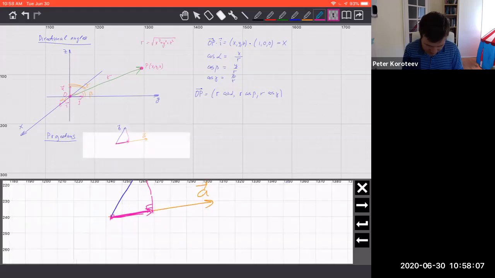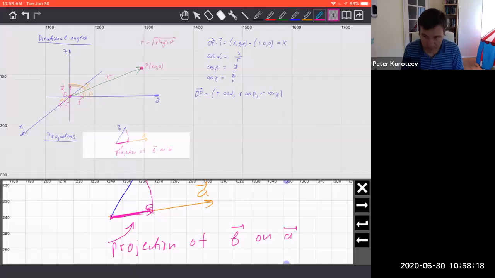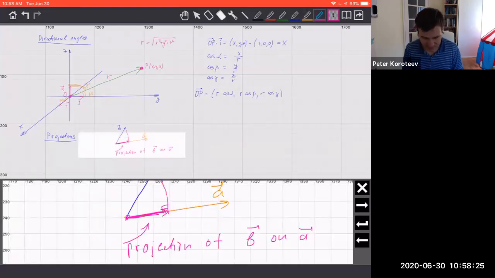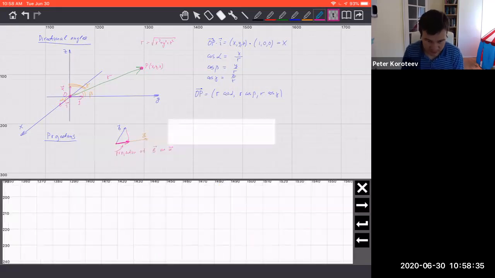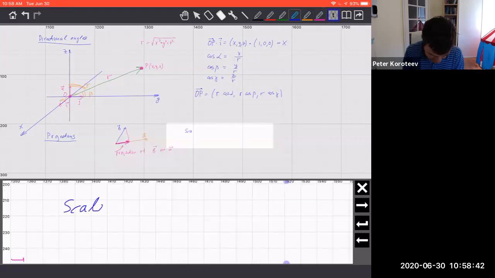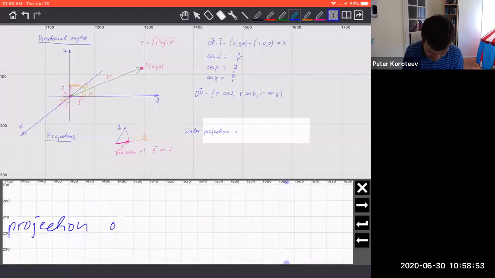We want to call this the projection of B on A. We want to make two definitions: one for the scalar, just the length of this segment in the right triangle, and one for the vector, assuming it's collinear, in the same direction as A. So one of the notions that we introduced is the scalar projection of B onto A. That's how we're going to call it.